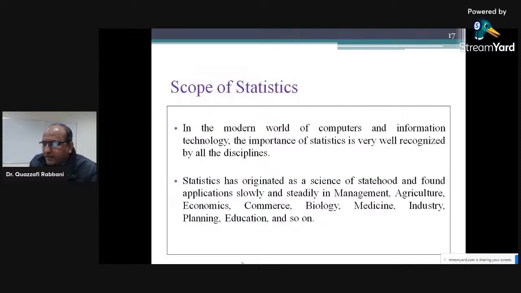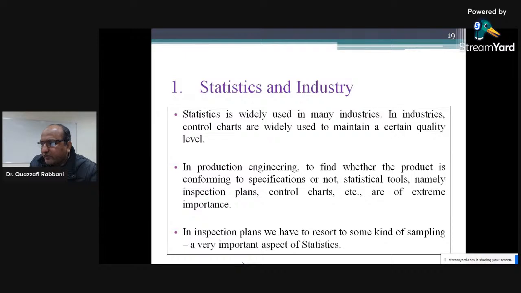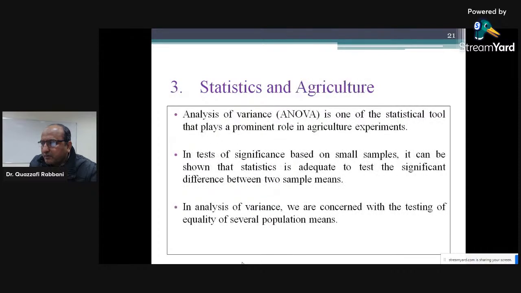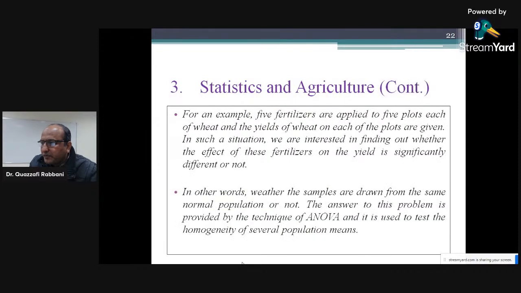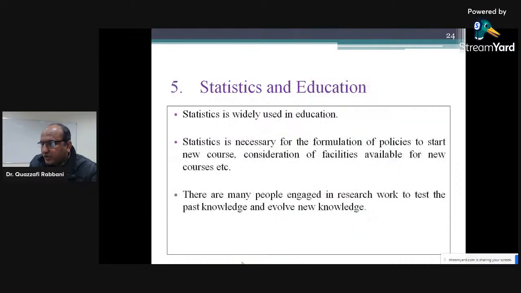And the next is the scope of statistics. There are many scopes and applications of statistics. Statistics is used in the field of industries, in commerce, agriculture, economics, and education.